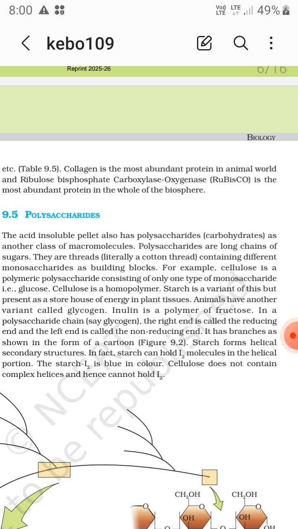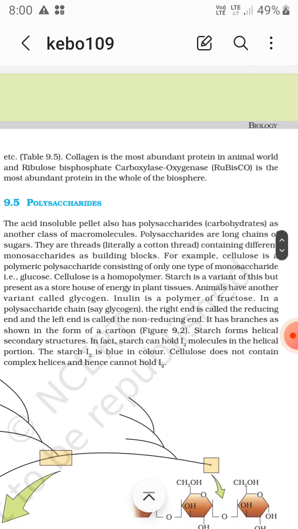For example, cellulose is a polysaccharide containing only one type of monosaccharide, that is glucose. Cellulose is a homopolymer, right? Starch is a variant of this but is present as a storehouse of energy in plant tissues. Animals have another variant called glycogen.